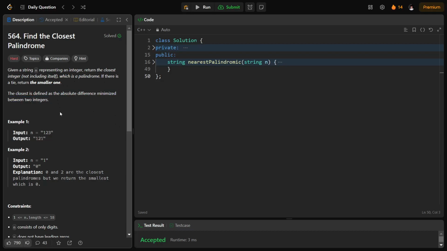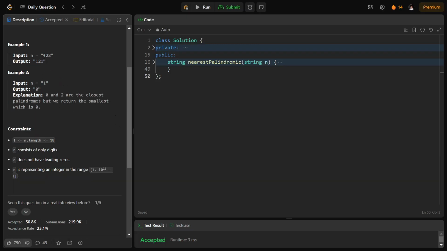The very first thing is you need to understand what you do if your given n is not a palindrome, or what you could do if n is a palindrome. Let's look at some test cases. For 123, the next closest palindrome is 121.